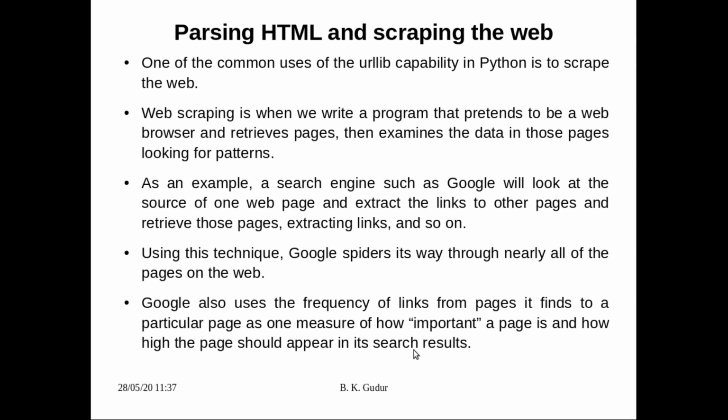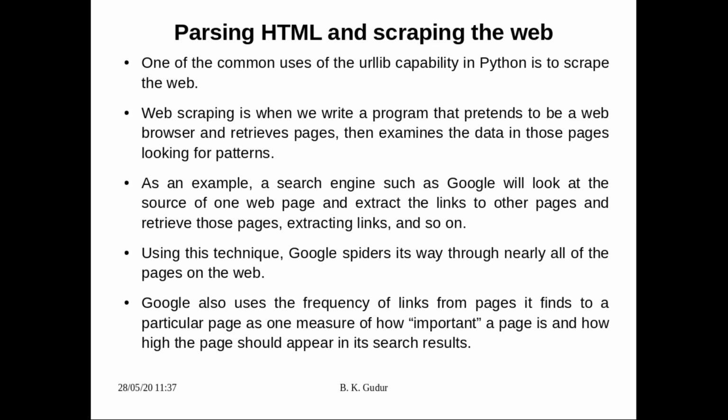Dear students, you might have seen that when you search for a particular word or sentence, Google gives so many links for that. How those links are ordered is based on the ranking given by Google. If you look at the first link, it means that in that particular web page or website, this particular word appears many times.